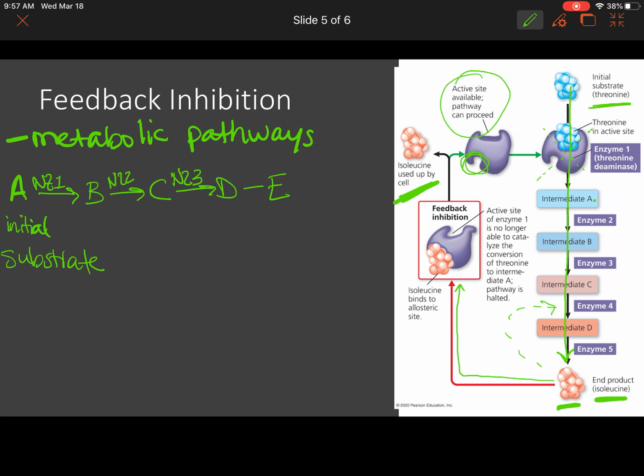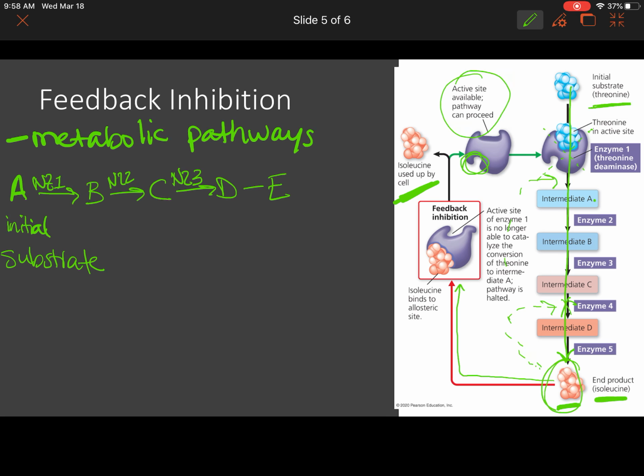Unless the cell has other uses for A, B, and C, it doesn't make any sense to inhibit the pathway far down the pathway. It makes a whole lot more sense to inhibit the pathway at the beginning. Because there's no point in doing these other 3 or 4 reactions unless the cell has other uses for those intermediates.